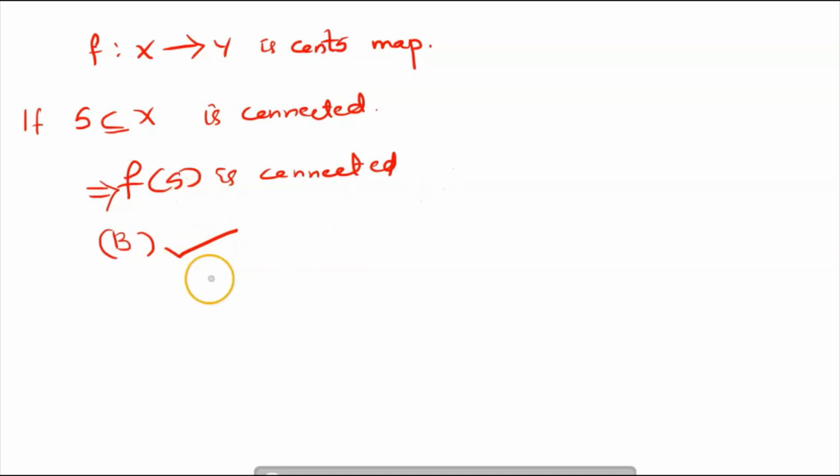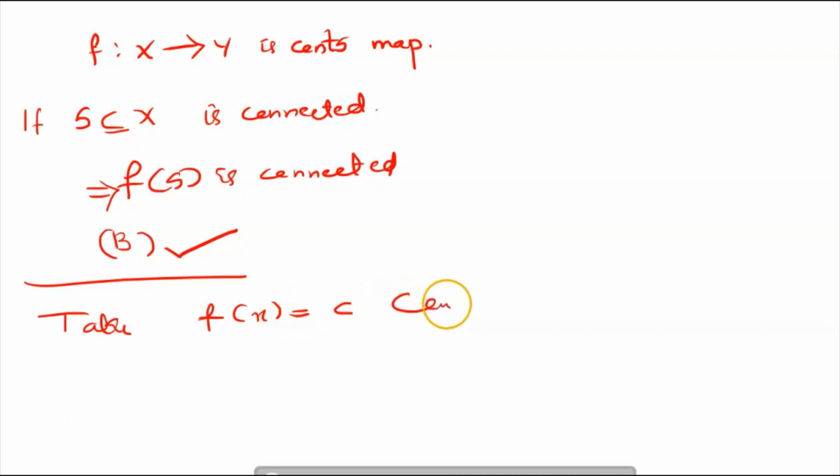Now let's take f of x equal to c, a constant, an arbitrary constant c. Now the subset S is equal to open interval (0, 1), which is an open set.